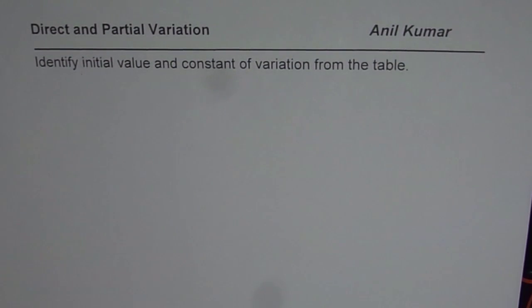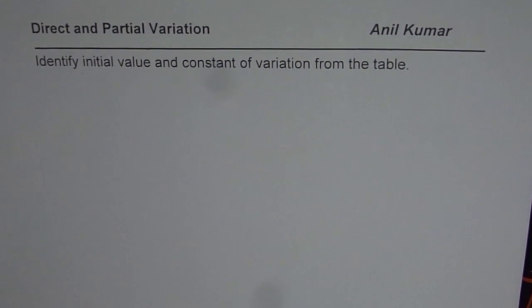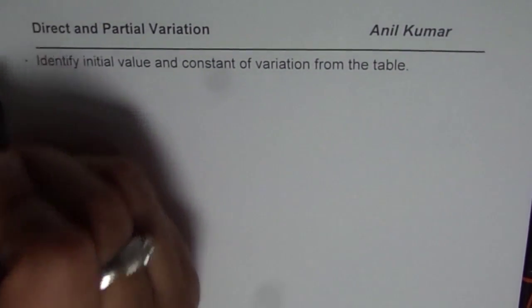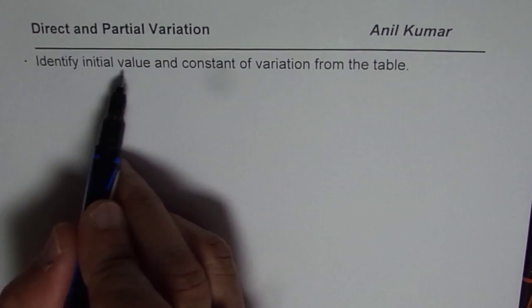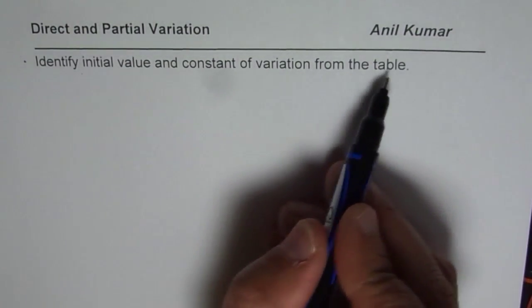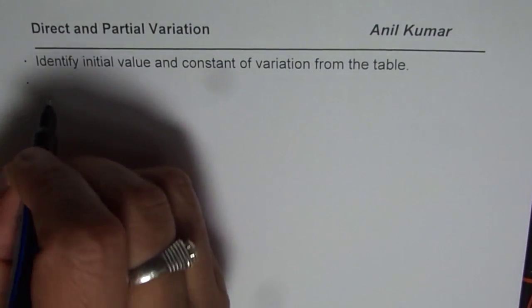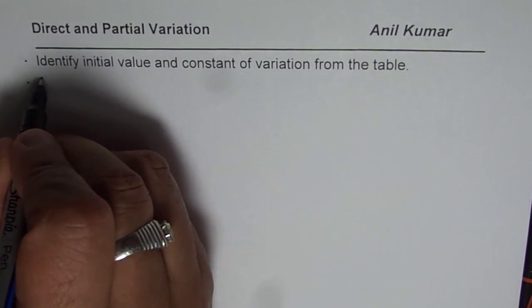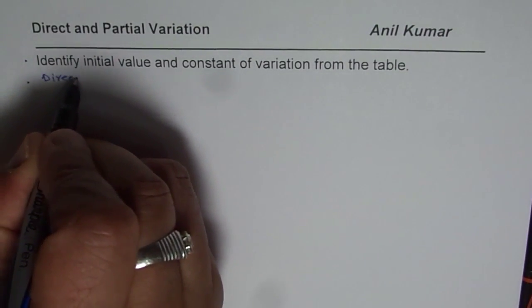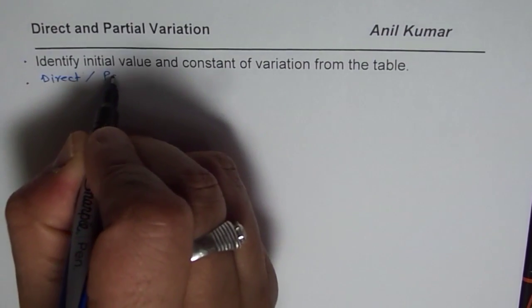I'm Anil Kumar. In this video, we'll further explore direct and partial variation. We'll look into identifying the initial value and constant of variation from the table. We'll also look into whether the data represents direct or partial variation, right?